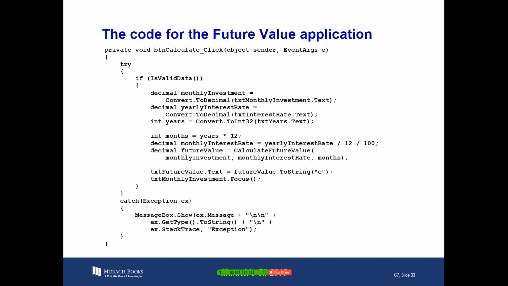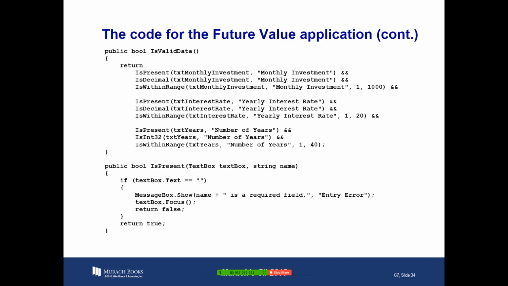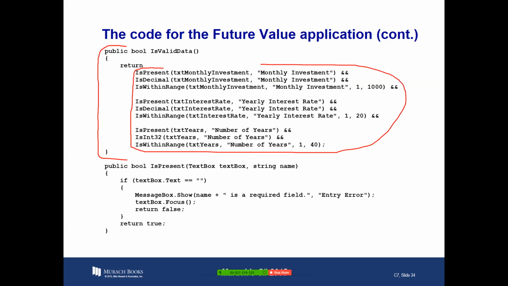So this is code for the future valuation. IsValidData is this thing here. All right, now this is really fancy. Why? Because this is a great big huge Boolean expression that's going to evaluate to either true or false.